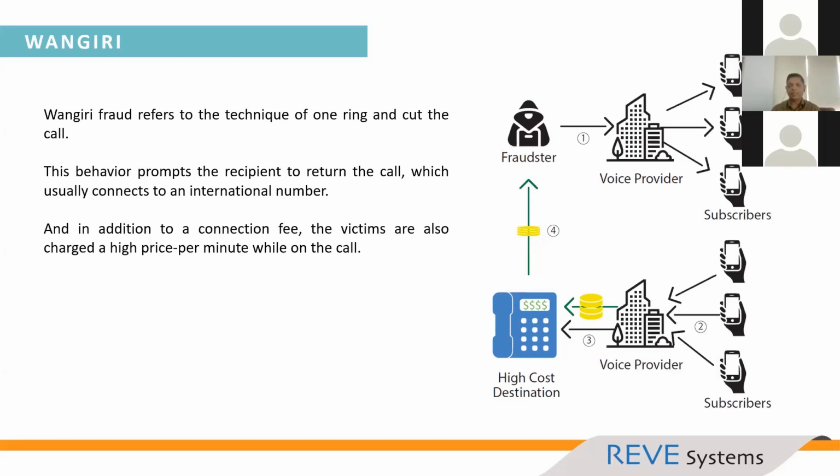So what happened if the end user sees he got the missed call from this number, and if he tries to call back to that number, it has a high charge. So that end user becomes the victim of the short ringing call, because he has to pay high for the destination.